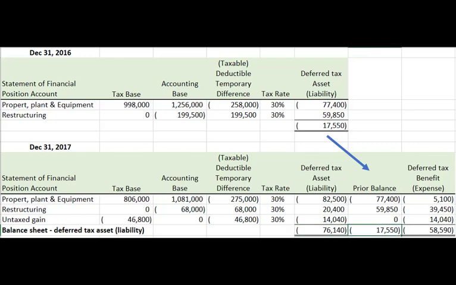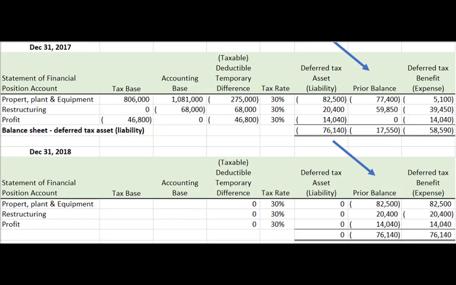The opening balance was a liability of $17,550. We have to credit the deferred tax liability account by $58,590. So we'll have a credit to the deferred tax liability account and a debit to deferred tax expense. Does that make sense?